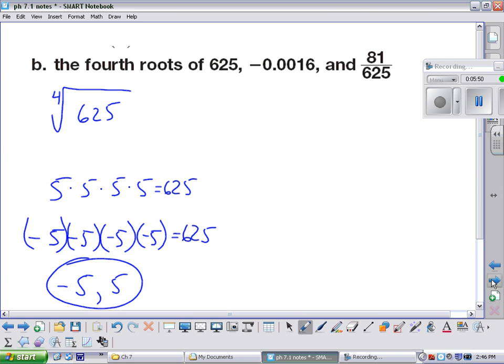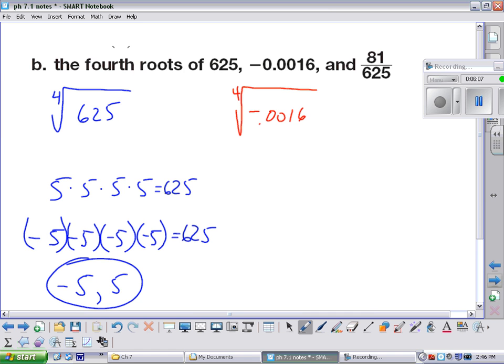Now, here's where I get stuck again. Today we're only talking about real answers. So fourth root, my index is 4, of negative 0.0016. Doesn't matter what I put in there, I could put negative 16, doesn't matter.